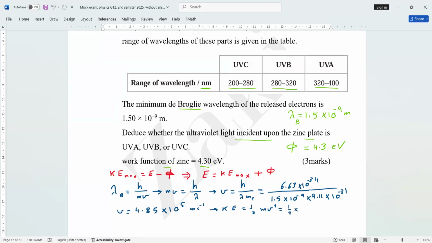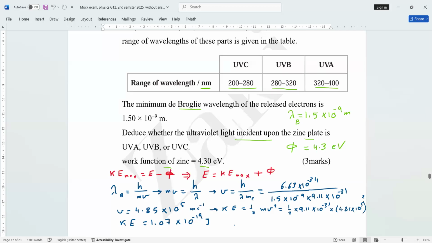So it's a half multiply 9.11 times 10 to the power negative 31 multiply v squared, which is 4.85 times 10 to the power 5 squared. So the answer is 1.07. So the kinetic energy equals 1.07 times 10 to the power negative 19 joule.